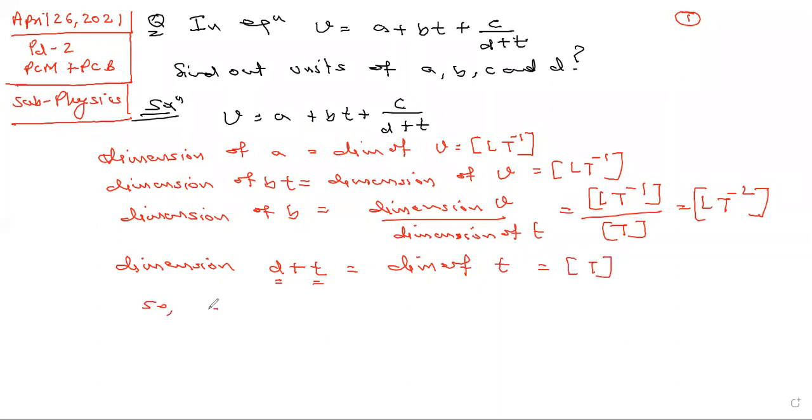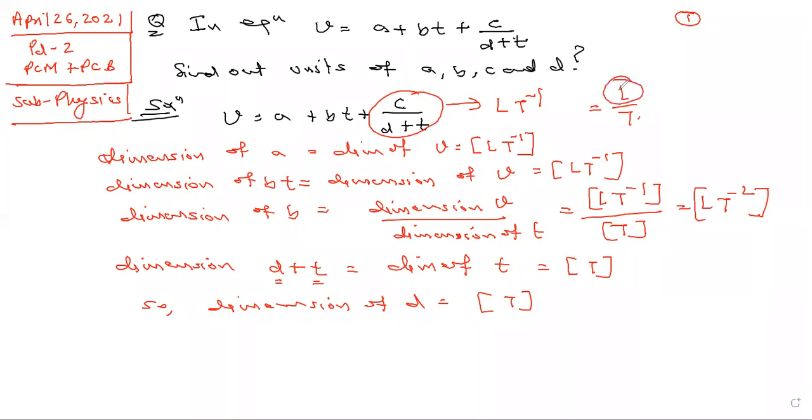So dimension of D is equal to dimension of T. Then of course, if this is LT minus 1, it means L over T. So dimension of C, the dimension of C should be L. Am I clear?